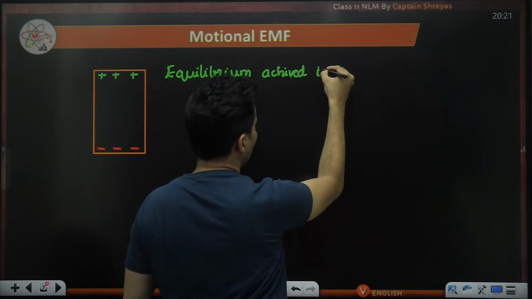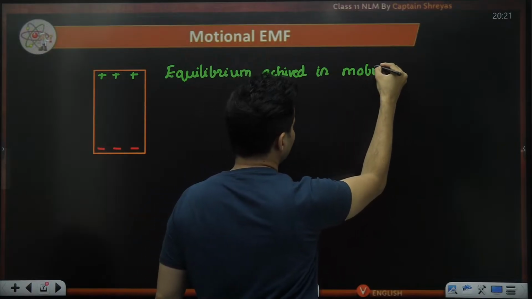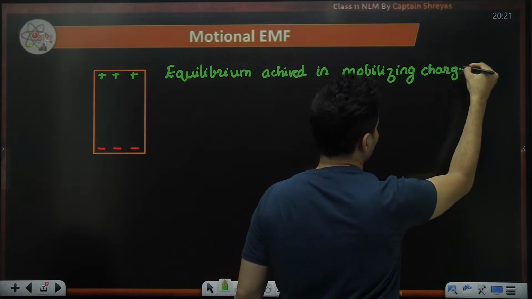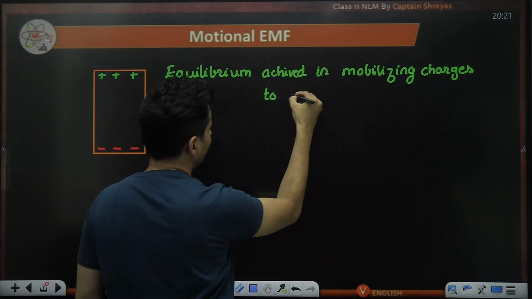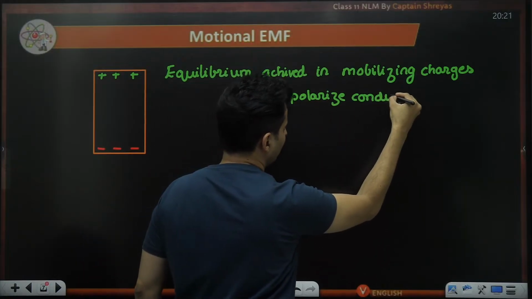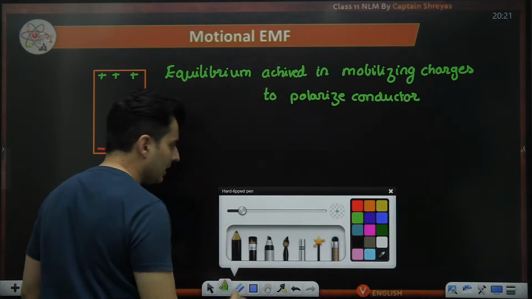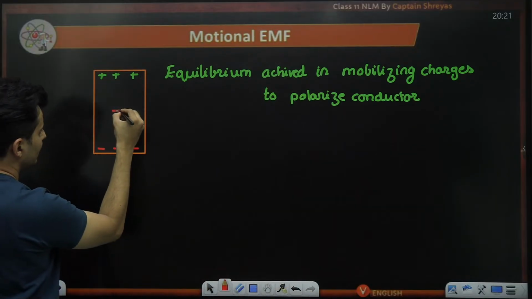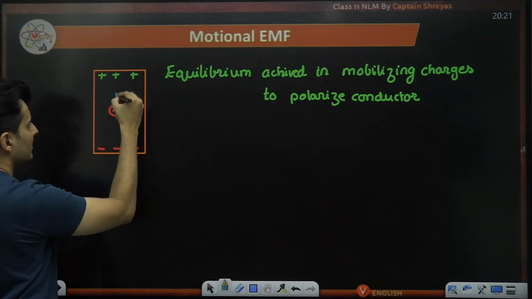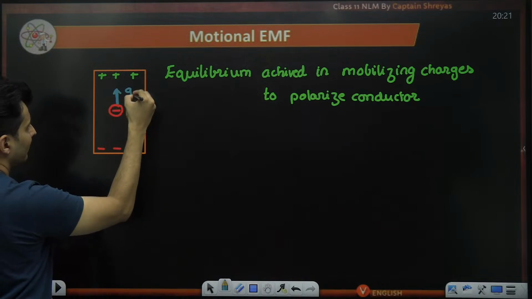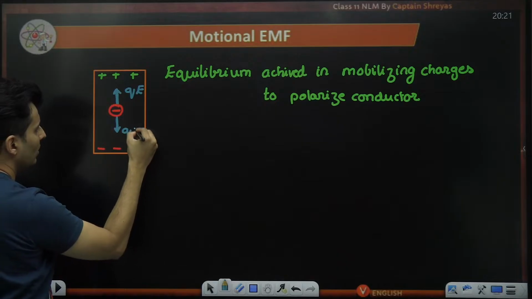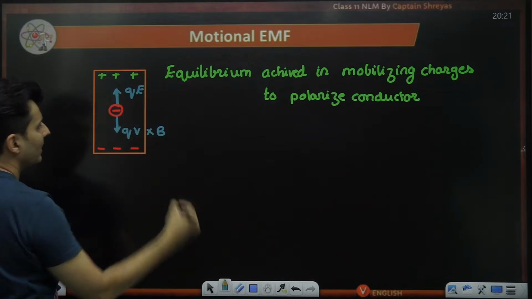Equilibrium will be achieved in mobilizing the charges to polarize the conductor. And when that equilibrium is achieved, you will see something like this. No further movement happens because the negative charge will experience a force this way of QE here and a simultaneous force of QV cross B over here.